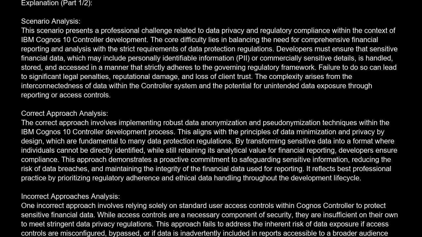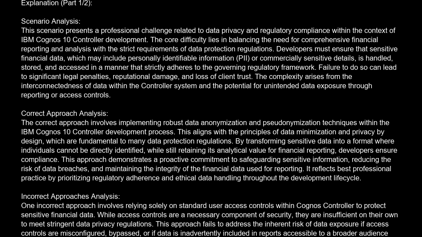Correct approach analysis. The correct approach involves implementing robust data anonymization and pseudonymization techniques within the IBM Cognos 10 Controller development process. This aligns with the principles of data minimization and privacy by design, which are fundamental to many data protection regulations. By transforming sensitive data into a format where individuals cannot be directly identified, while still retaining its analytical value for financial reporting, developers ensure compliance.